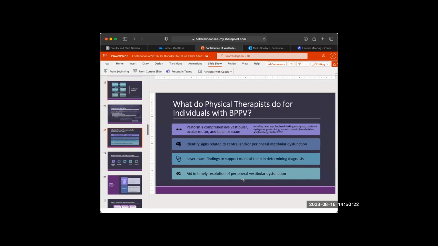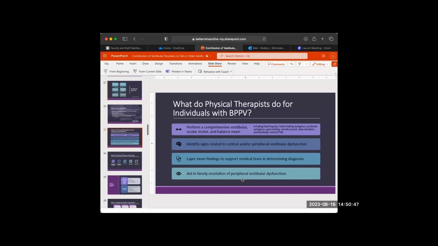So what do physical therapists do for people with BPPV? Sounds kind of like voodoo, so what are we doing? We're performing a vestibular assessment where we're looking at the eyes, the motor movements of the eyes, and the balance, including all those listed tests there. We're identifying if they have central signs, or signs related to a brain issue.